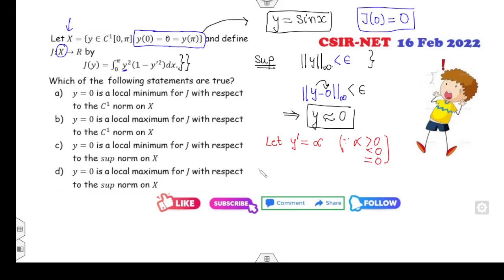Now let's start with the j of y. तो क्या आपका integral 0 to pi y square into 1 minus y dash, where y dash is my alpha, is 1 minus alpha square of dx. और y मेरा क्या था? sin x. अगेन ये 0 के अराउंड 0 पे ही जाएगा, तो आई कैन सब्सटीट्यूट द वैल्यू. 1 minus alpha square is common.